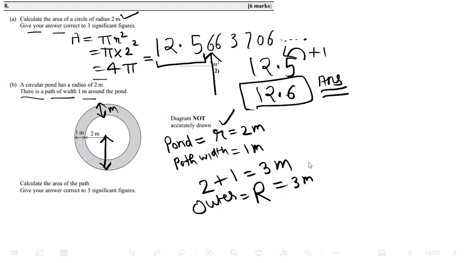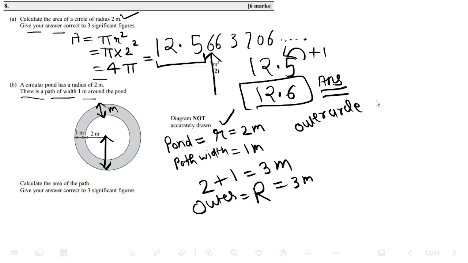Now see, we have to calculate the area of the path. Area of the path means we have to subtract the area of the inner circle from the outer circle.